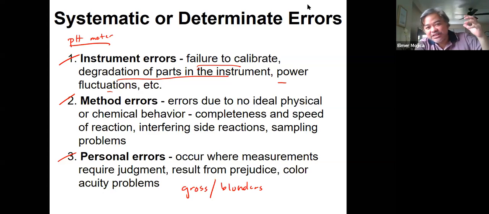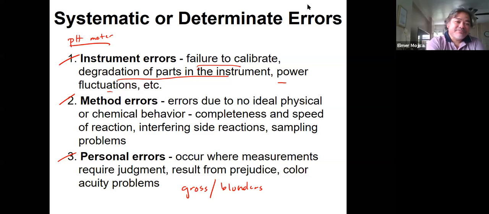So either your pH is too high, and all your measurements will be giving you a higher pH. If it gives you an error of too low pH, then all the measurements that you have will have low pH. So if you're just going to look at the difference, that would be fine. If you're just looking at the relative pH of the different samples that you have. But if you want to get the true pH, then that's not right.